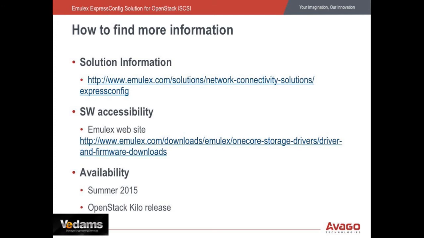All that information is available in a white paper or blueprint kind of document, which you can download. Also, all the drivers that were listed there, the CNA drivers, the SCST packages, and the utilities, can be found at the software accessibility website. And this is available for the Kilo release because all the code was integrated into the Kilo release.